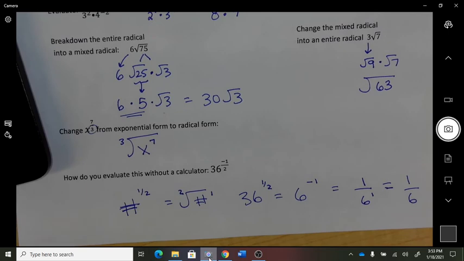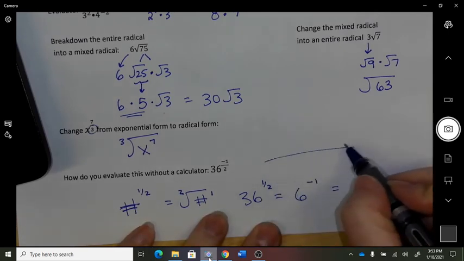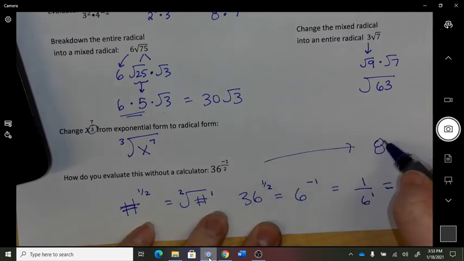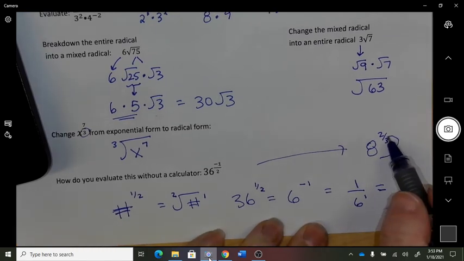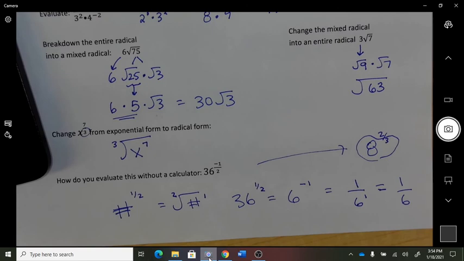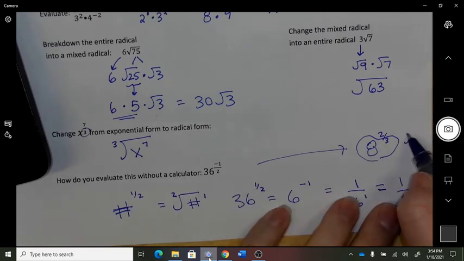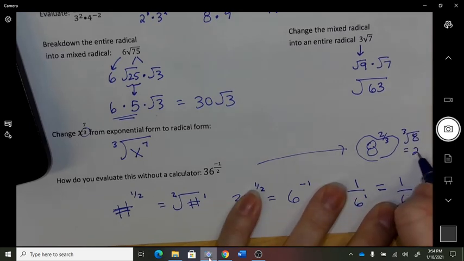Okay, I'll just quickly do another example here. If you had something like that, you would do the bottom portion first. So this is taking the cube root of 8, which is 2, and then you have to square it, which is 4.